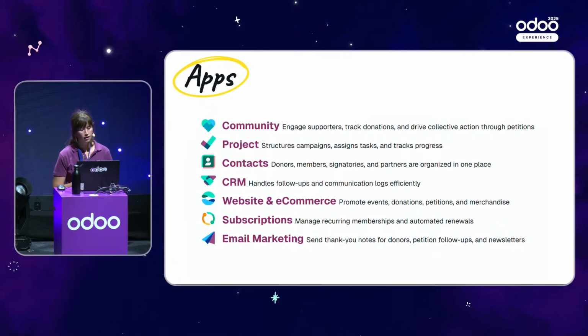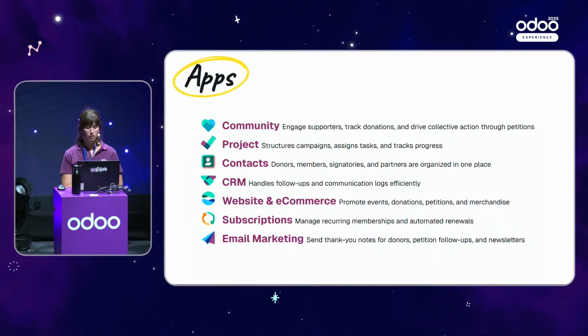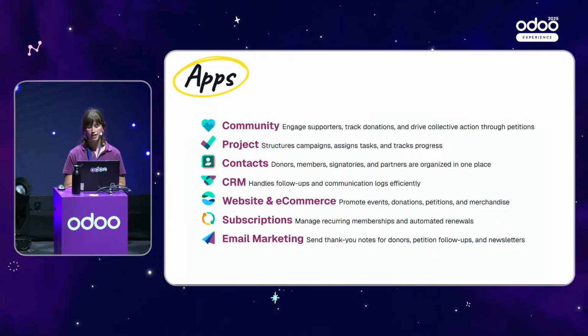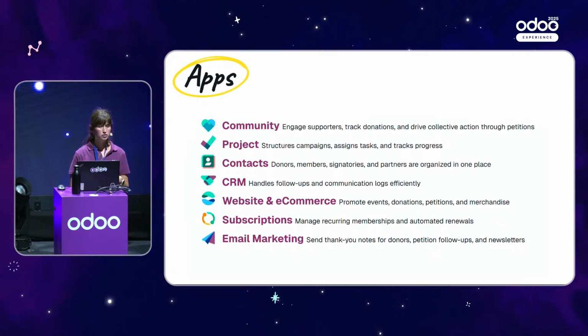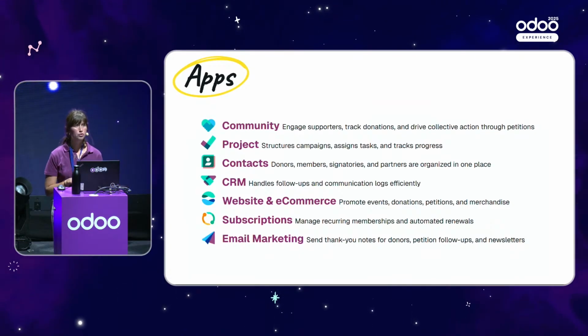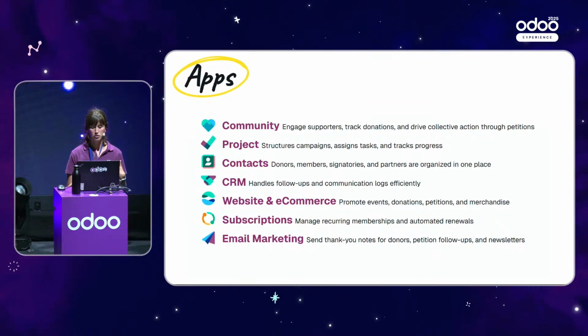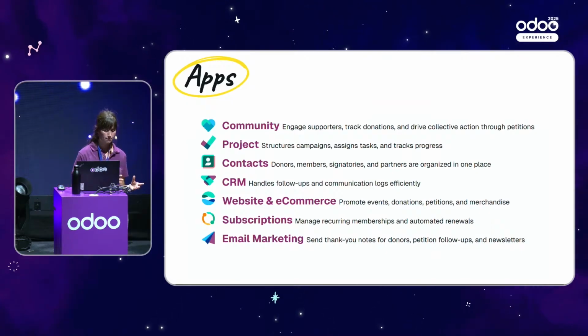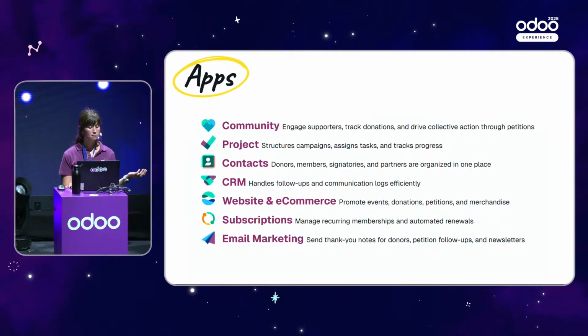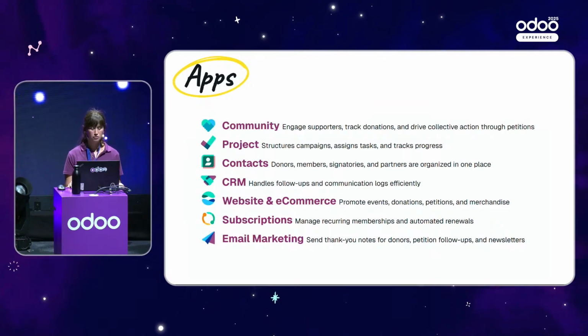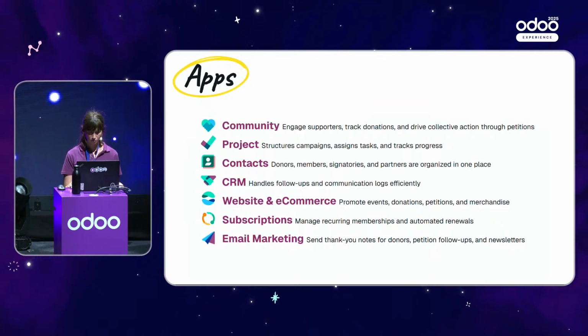With the website, you can promote your events, publish forms for petitions and donations, and also sell some merchandising. Then we have subscriptions to automate the renewals of the memberships, and after that we have email marketing to communicate with your community.